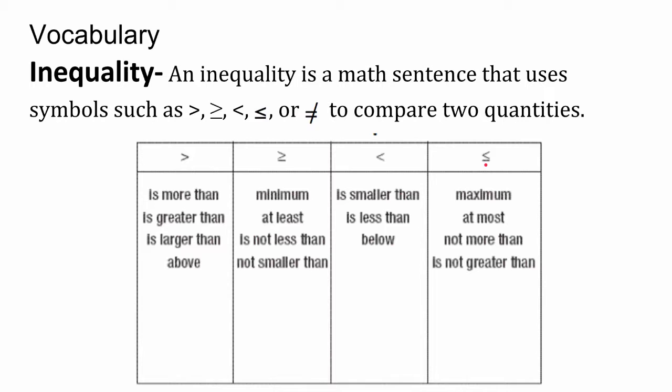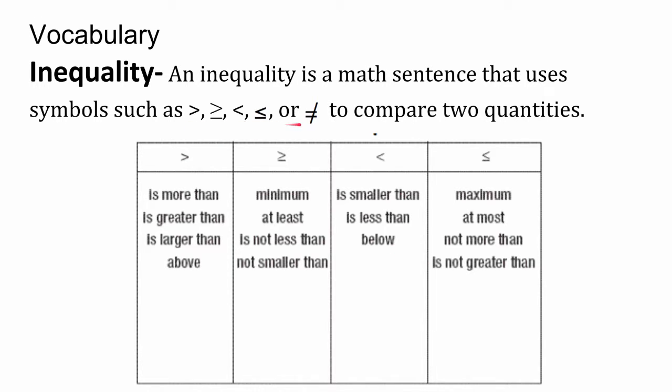I already wrote that in words for you. Will you highlight it or box it in? And then underneath it in this column, add maximum is another word used to describe that symbol. At most, not more than, and is not greater than.